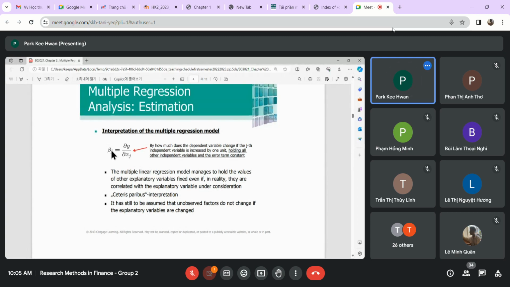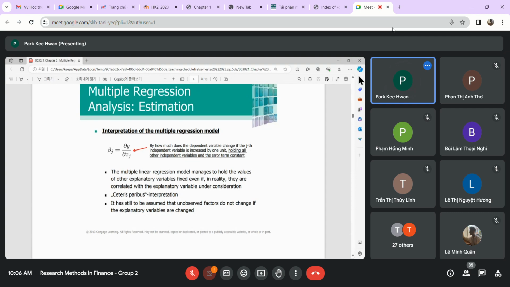So this beta j measures by how much the dependent variable, which is y, changes if xj, the j-th independent variable, increases by 1 unit. Here the point is we are holding all other independent variables and the error term constant. So that's what is meant by the partial derivative.